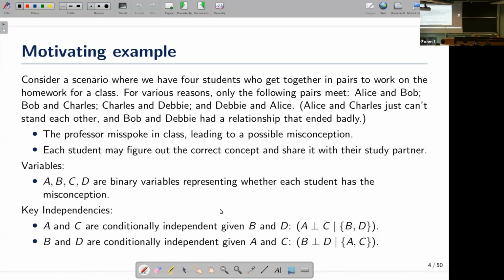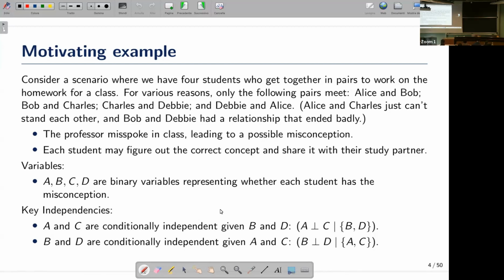And for some reason, not all the students communicate with each other. Alice communicates with Charles, okay?